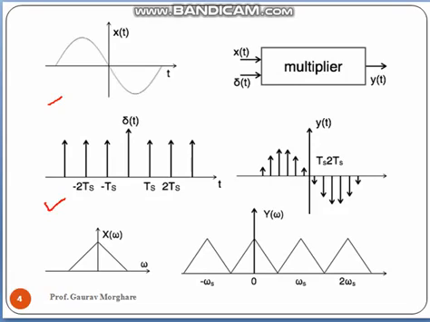This train of impulses delta(t) has a constant amplitude of 1 with the sampling time interval of Ts. We know that this Ts is obviously greater than the time period of this signal. So as a resultant, the multiplication of these two signals, signal 1 and signal 2, we will get the resultant signal, this one, as the third.